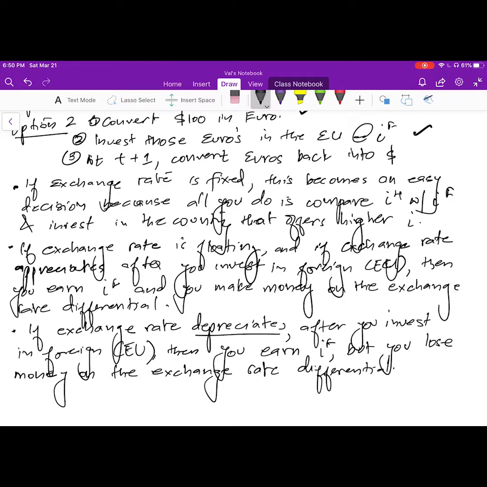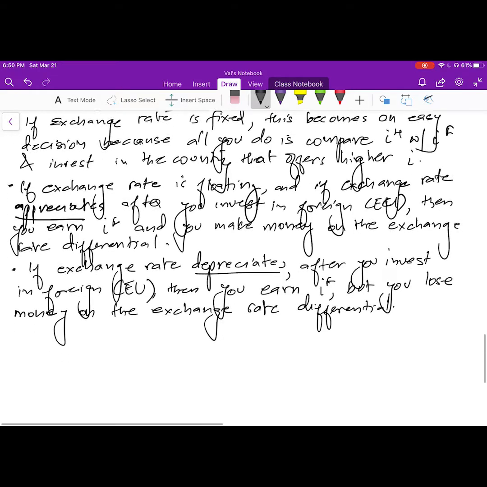Okay, so those are two possible outcomes if you decide to invest in a foreign country, especially a foreign country with a floating exchange rate. So that's what we're talking about here.